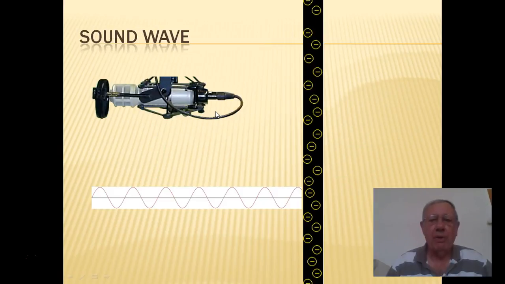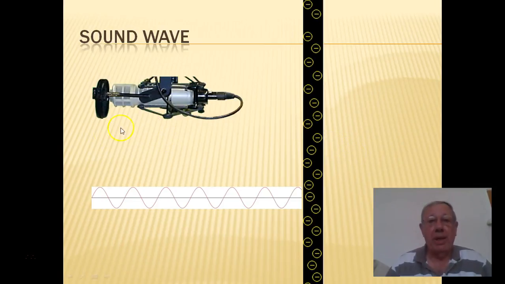Now, when it's in the microphone, what happens is the microphone converts it to what we call an alternating current. Now, an alternating current is one in which the electrons are moving backwards and forwards, and you can see that here.